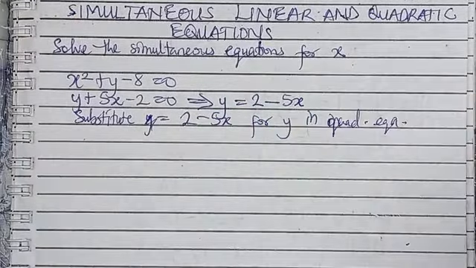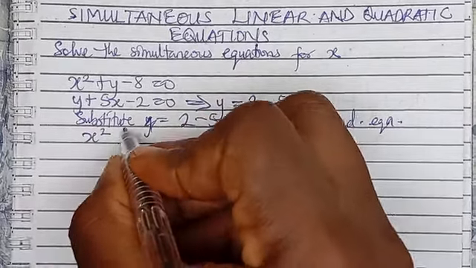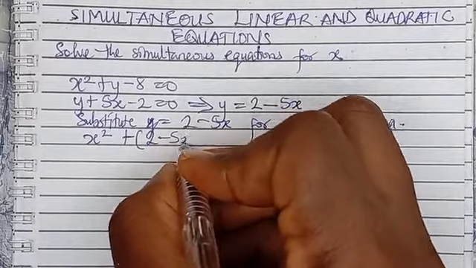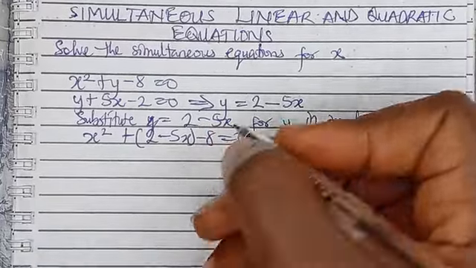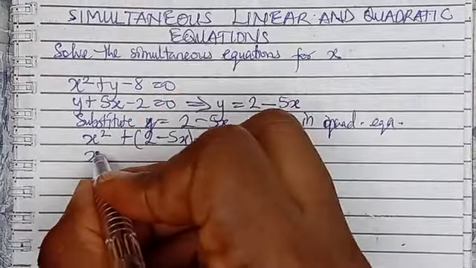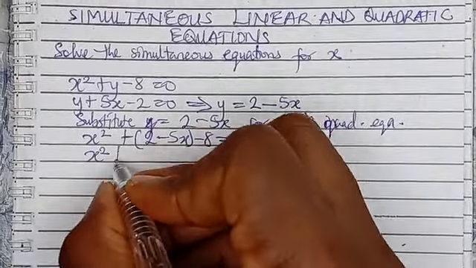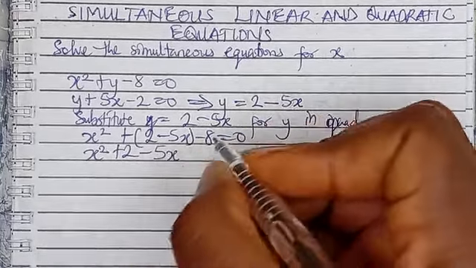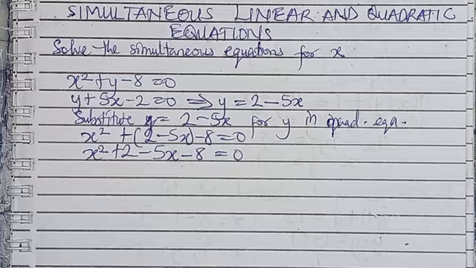Okay, so I'm going to say x squared plus, instead of y, I'm going to have 2 minus 5x, and then we have the minus 8 equal to 0. Now we need to open the bracket. We have x squared plus 2 plus times 2 is a plus 2, plus times minus 5 is minus 5x, and then we bring down minus 8, and that is equal to 0.